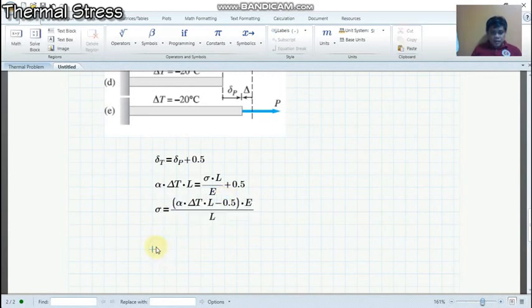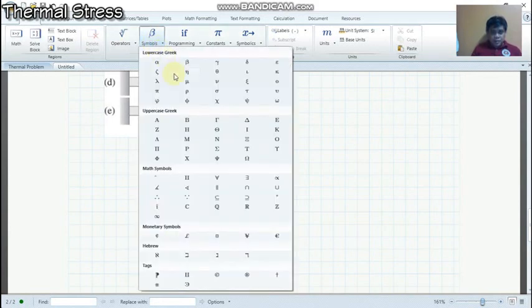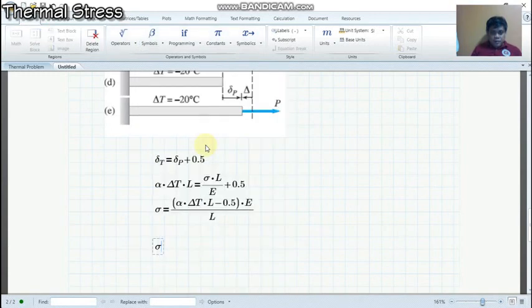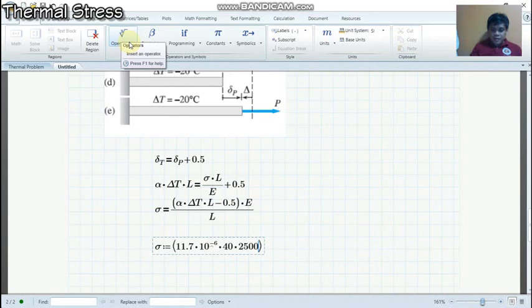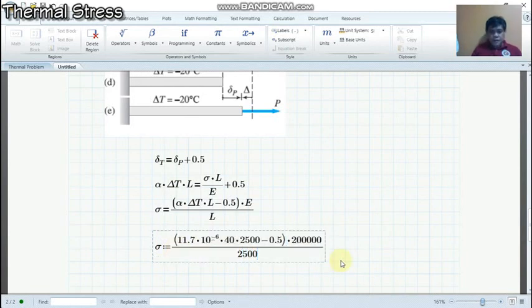and substituting the values, we have now 11.7 times 10 to the negative 6 times 40 times 2,500 millimeters minus 0.5 millimeters, and times 200,000 megapascal, and divide by 2,500.